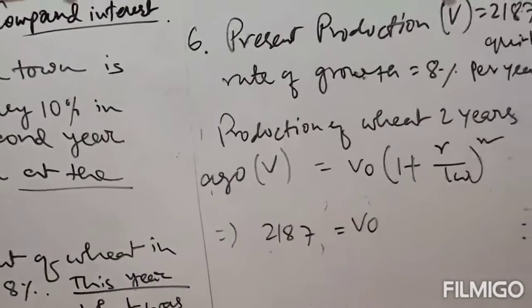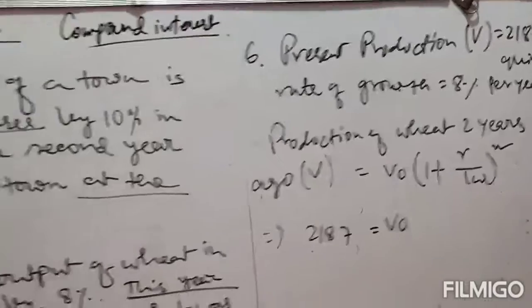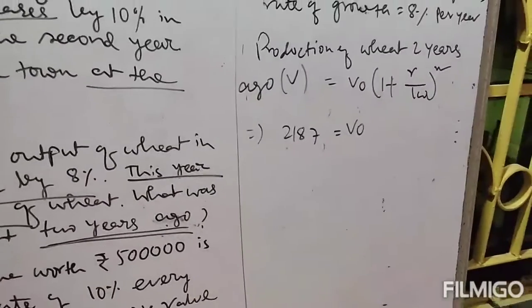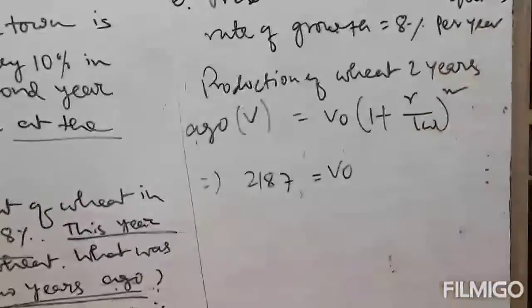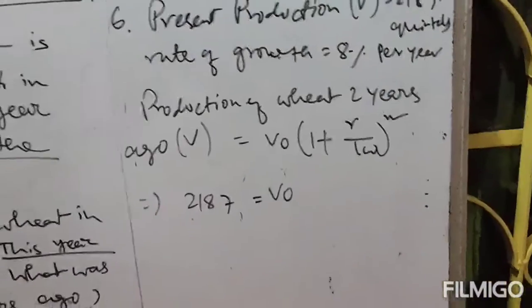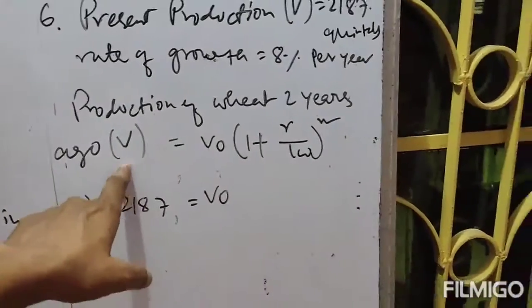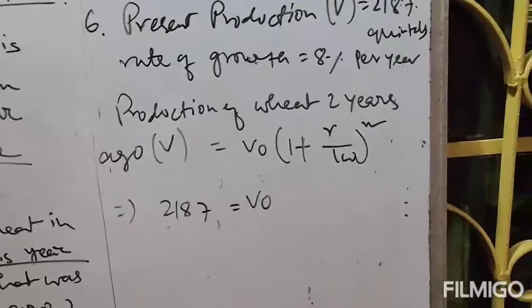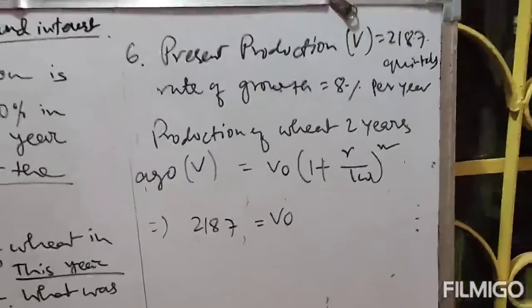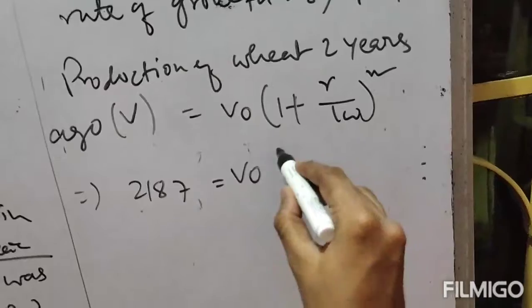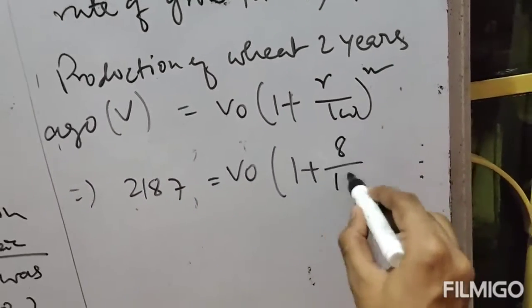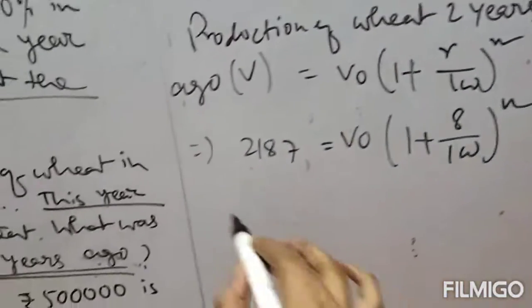So we will write 2187 in place of V, and R is 8, so 1 plus 8 by 100 to the power n.